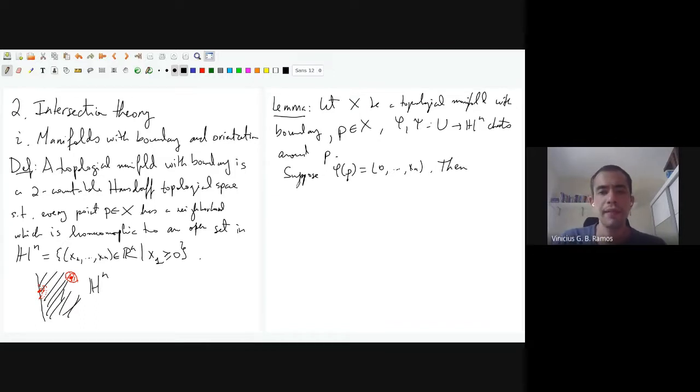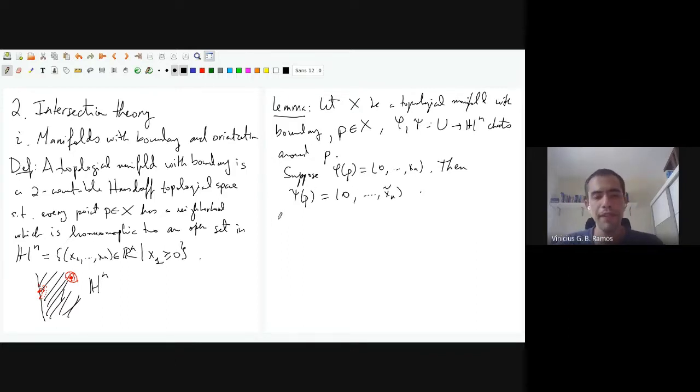Then psi of P is also going to be 0 and then something something. So that means, if the first coordinate of one of the charts is 0, then whichever other chart you take has to have the same property.